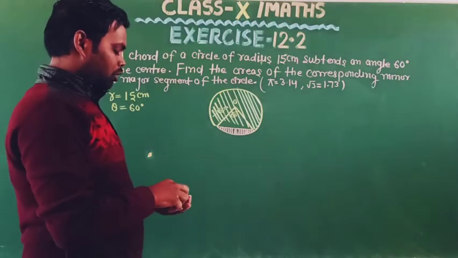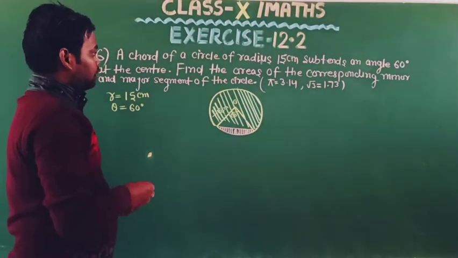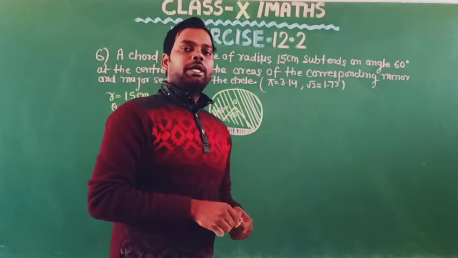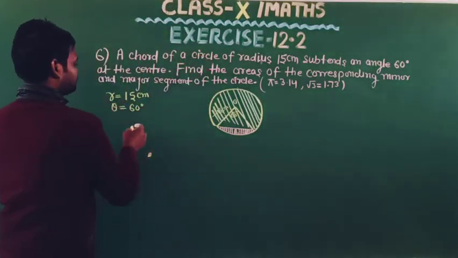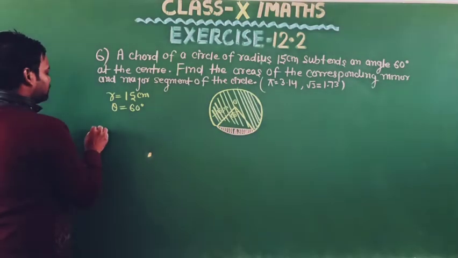So we know the formula for finding the area of the minor segment of a circle.